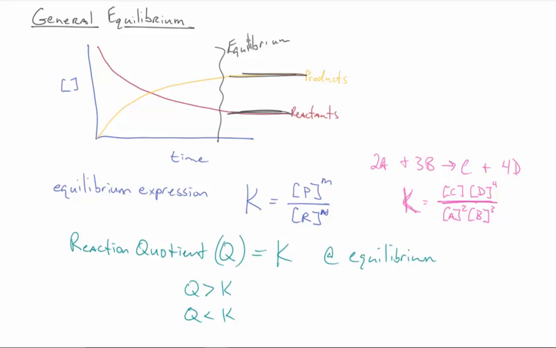The other thing that we definitely need to make sure that we understand is that, going back over here to this equation, if K is greater than 1, that means my products are actually favored, right? Because products over reactants is bigger than 1, that means I have more products than I do reactants. So K greater than 1, products are favored. K less than 1, I don't get very many products formed.